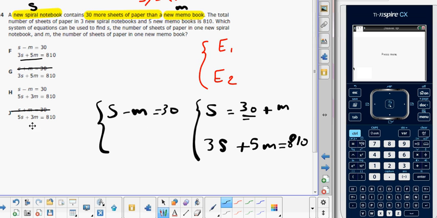I see it right here, and nope. Nope. So we can cross out all of those, so the answer would be F. So 3S plus 5M equal to 810. Easy system of equations. They did not ask you to solve, they asked you to write the system, that's all.